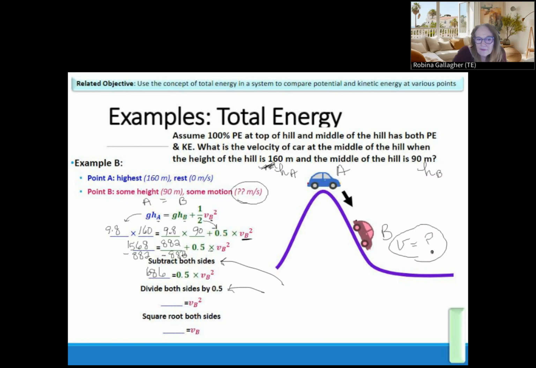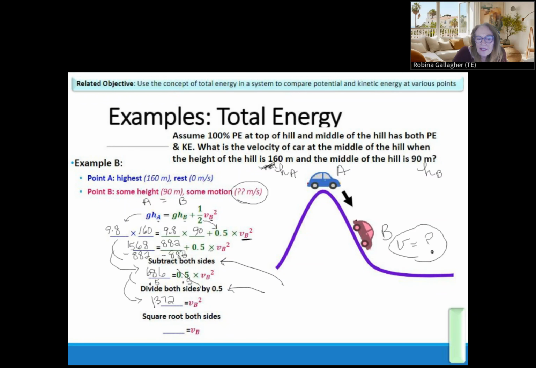So this answer comes down here, right? Okay, now I'm going to divide by 0.5 on both sides, just like I did before, and that's going to cancel. So what is 686 divided by 1/2? 1,372. Okay. So the answer from this came down here.